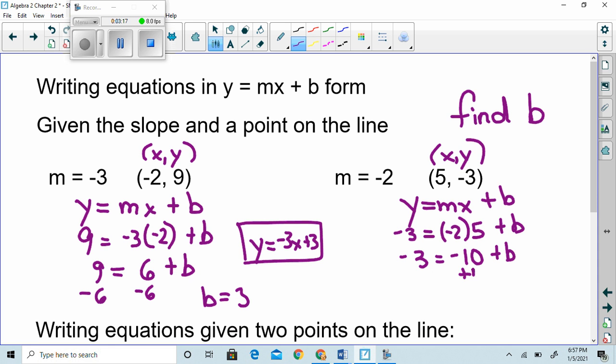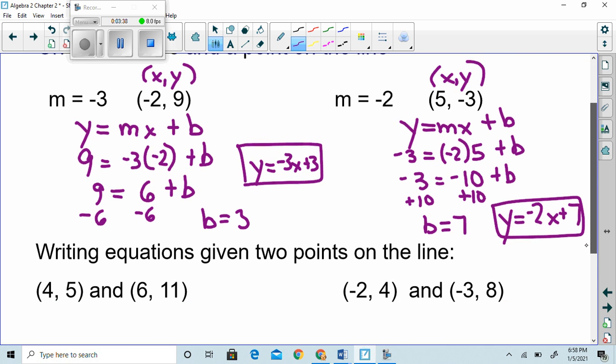We'll add 10 to both sides. This is just simple solving, and this is also helpful preparing for the midterm exam. Now that I have a y-intercept along with my slope, I have -2x plus 7 as my equation.